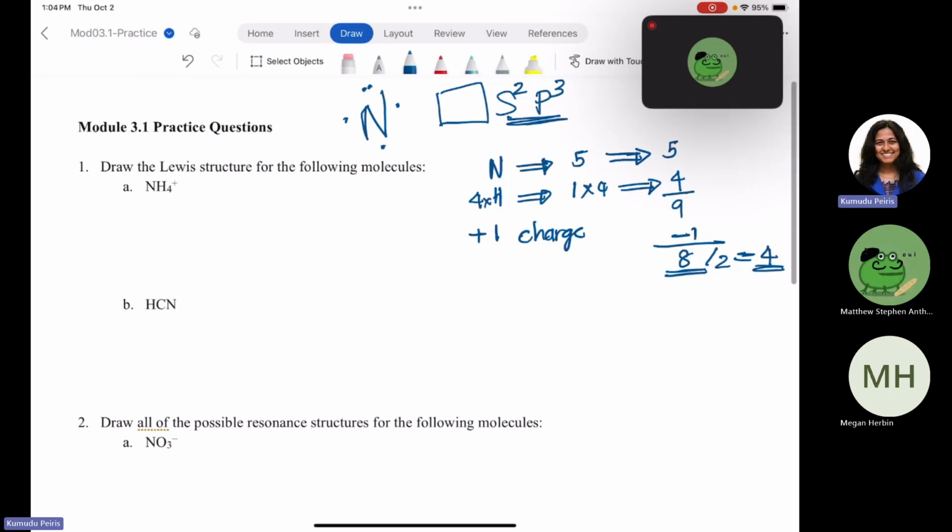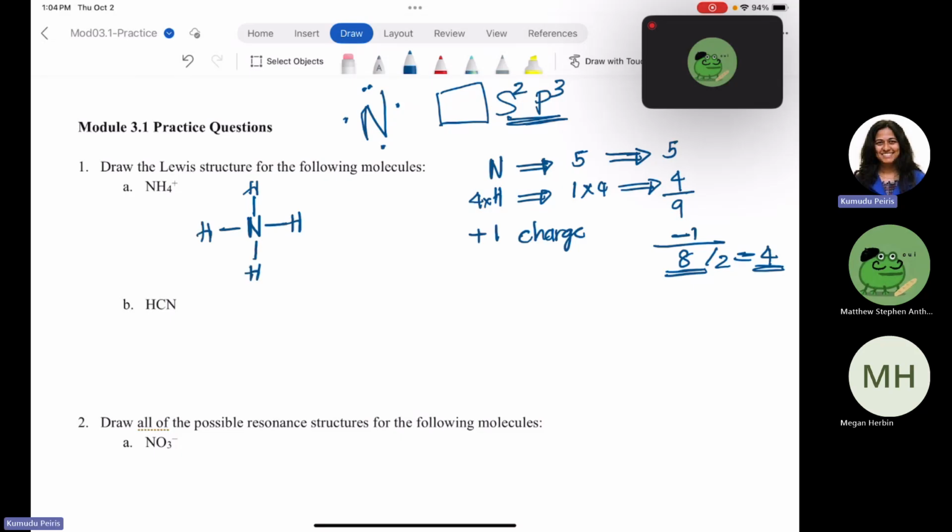When we are drawing this, since there are just 2 elements, what would be the central atom? You all know hydrogen has a valency of 1. It can make just one bond, so we cannot make hydrogen the central atom. Therefore, we take nitrogen as the central atom, and we combine 4 hydrogens like that.